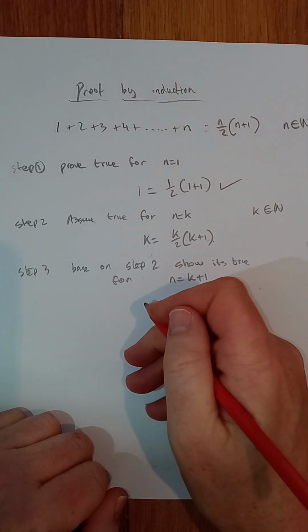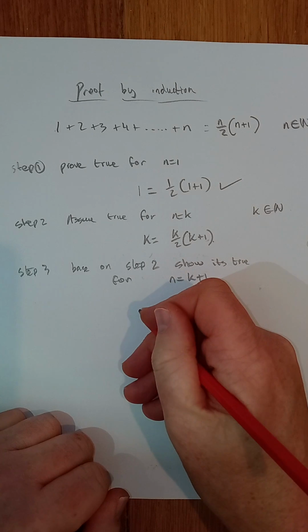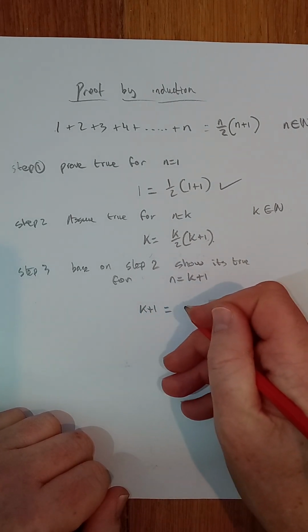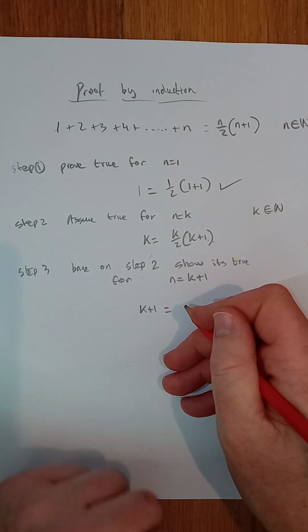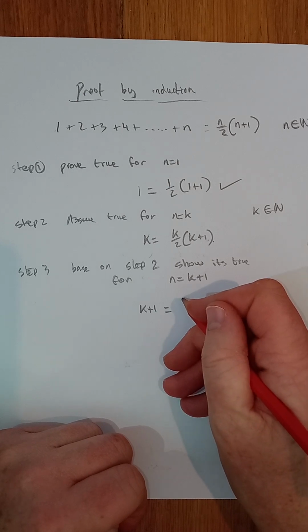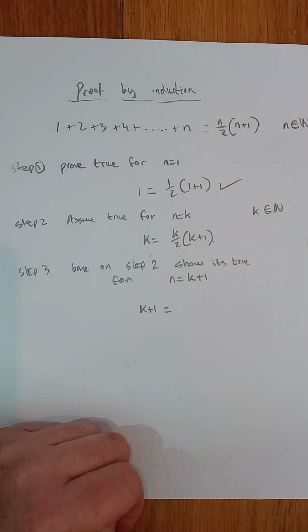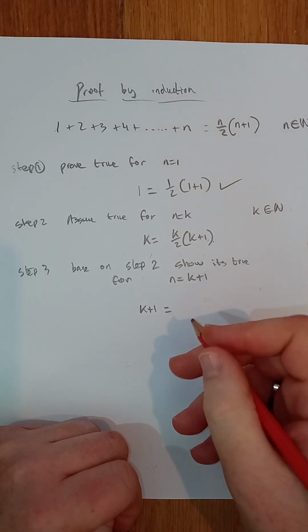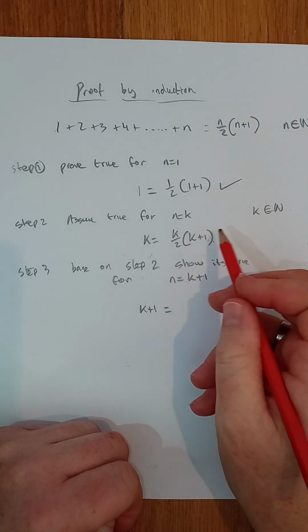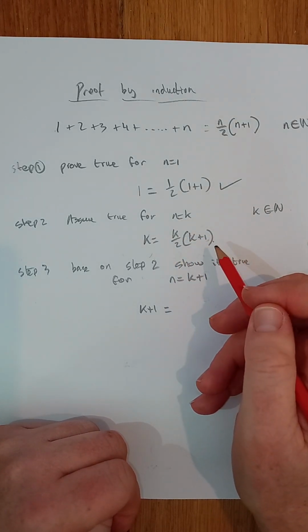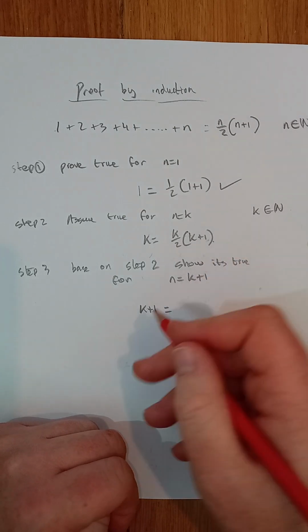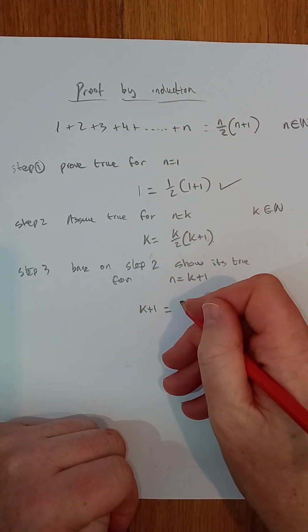So how would I do that? Well, let's do the same thing. Instead of k, I'm putting in k plus 1, so I'm going to pop it into the formula.